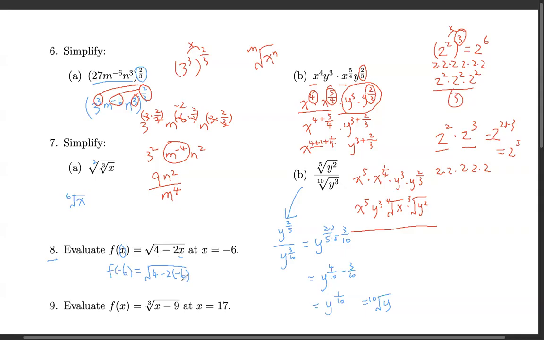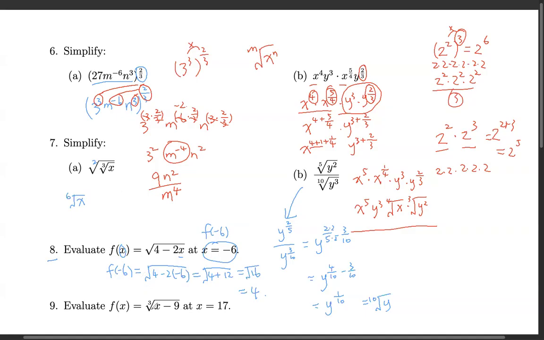Now the input is negative 6. So 4 minus negative 2 times negative 6, square root. Then negative 2 times negative 6 is positive 12. 4 plus 12, 16. Square root of 16 is 4. So f of negative 6 is 4. So that means evaluate at this x value means find f of negative 6.